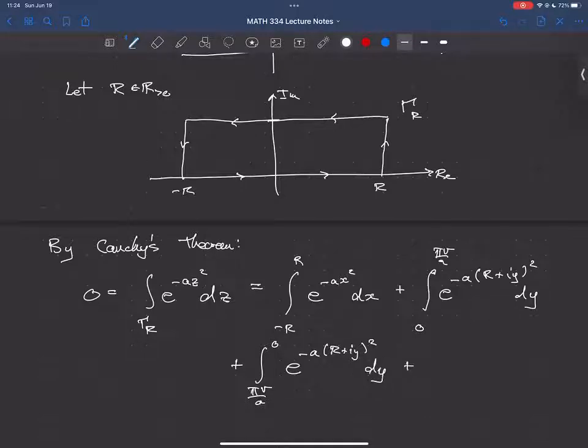And then finally, I get the top bit, which is the integral from R to minus R of e to the minus a (x plus i pi nu over a) squared dx, right?